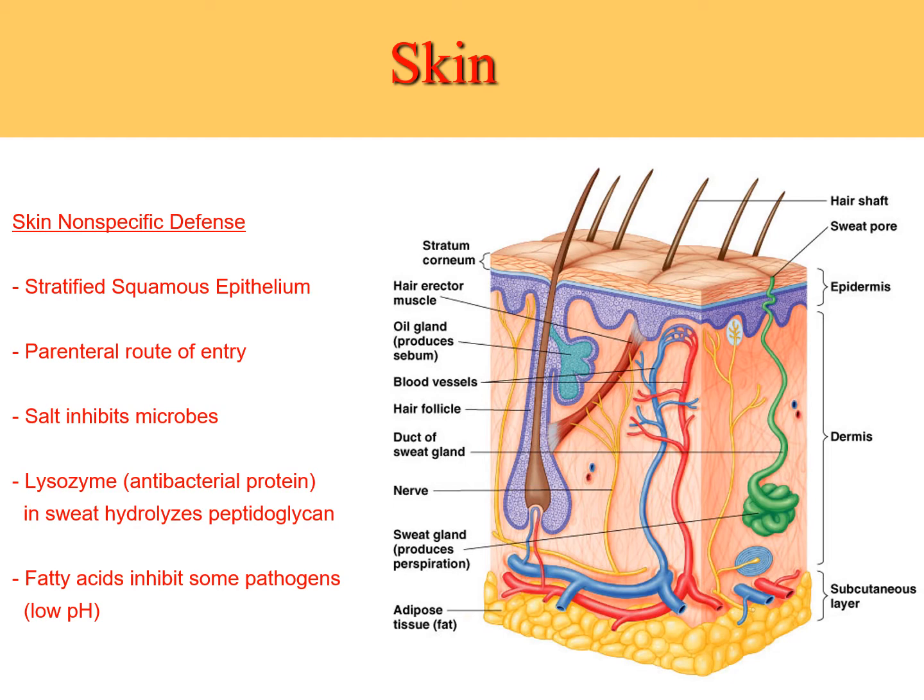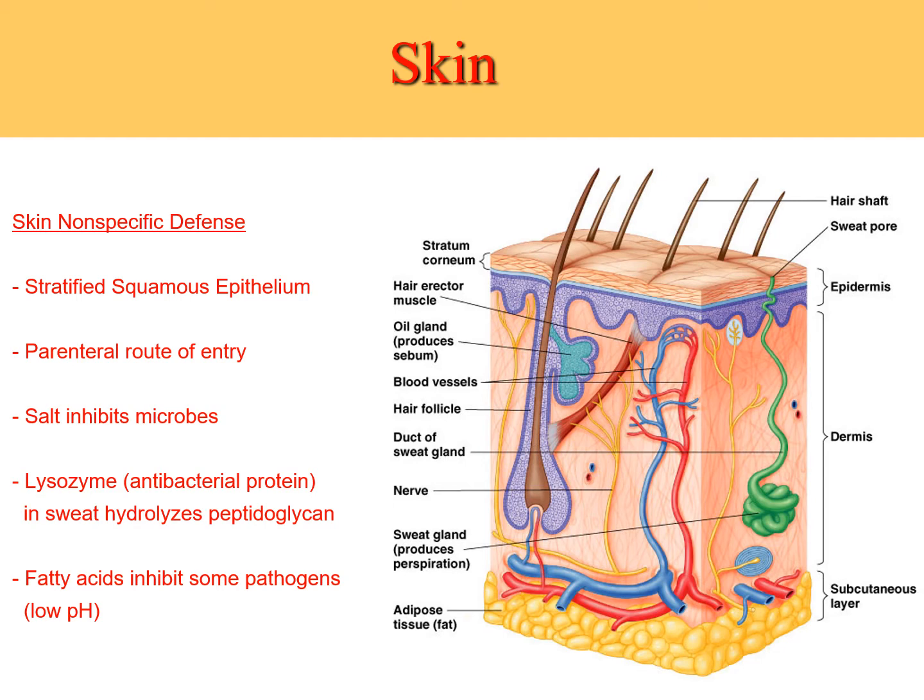The other thing that you find in the sweat or perspiration is a protein called lysozyme, which non-specifically can kill bacteria. It is similar to hydrolytic enzymes. It hydrolyzes peptidoglycan in the bacterial cell wall.